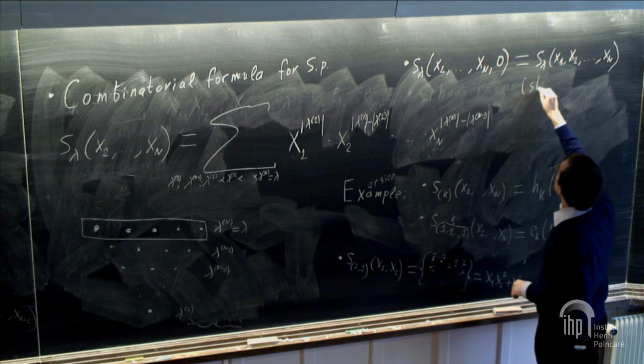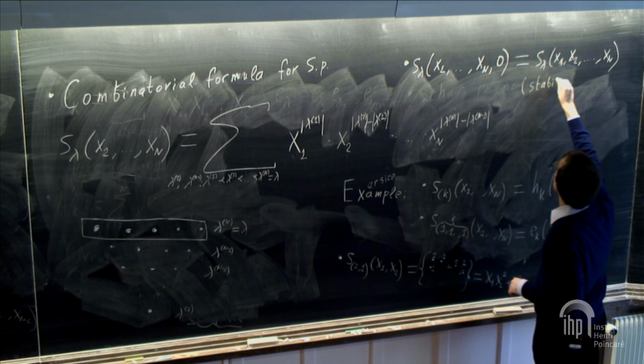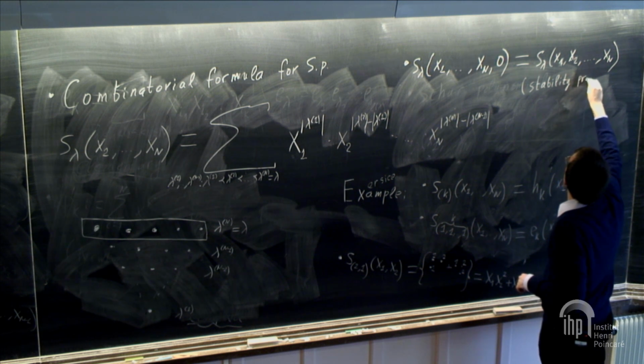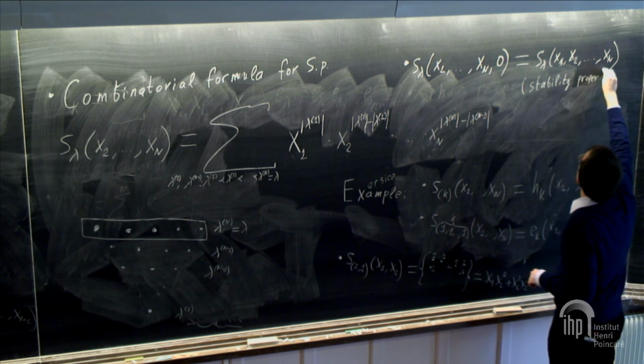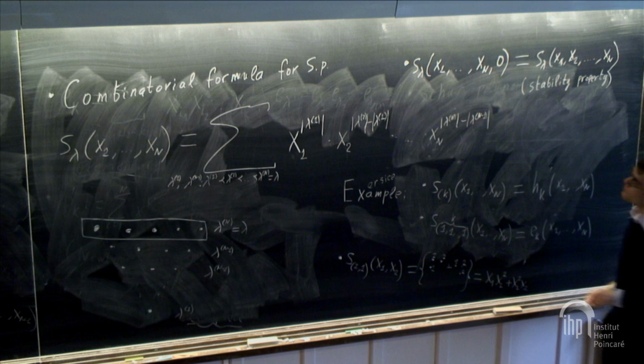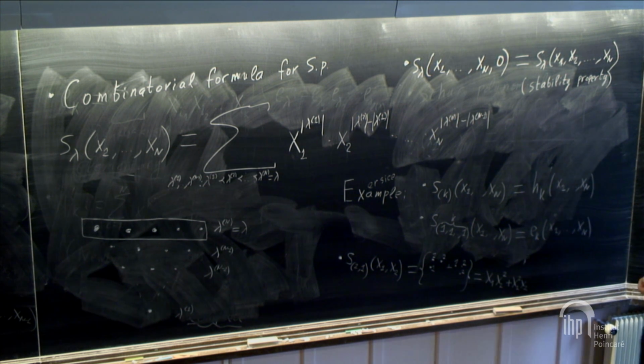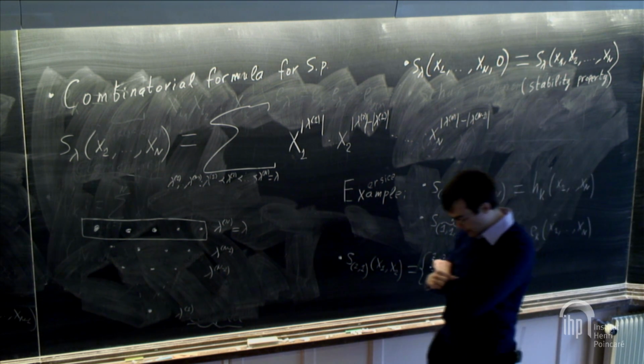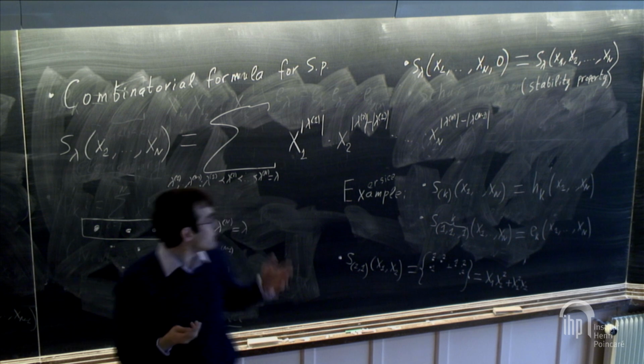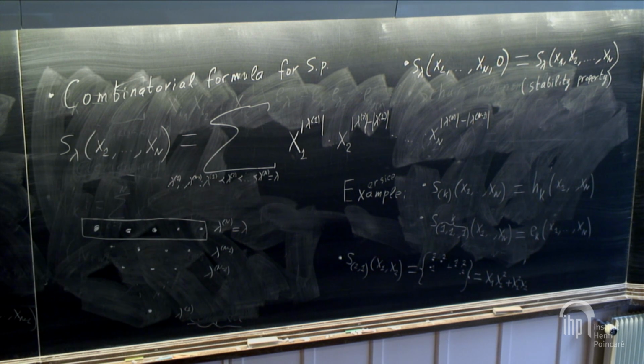This will be important a little bit later. So these are some corollaries of the combinatorial formula for Schur polynomials. Any questions?